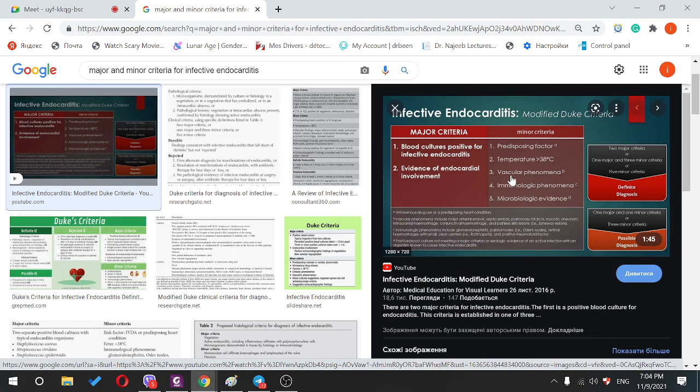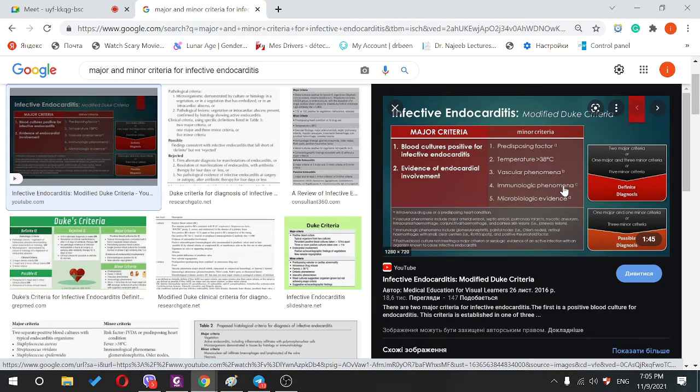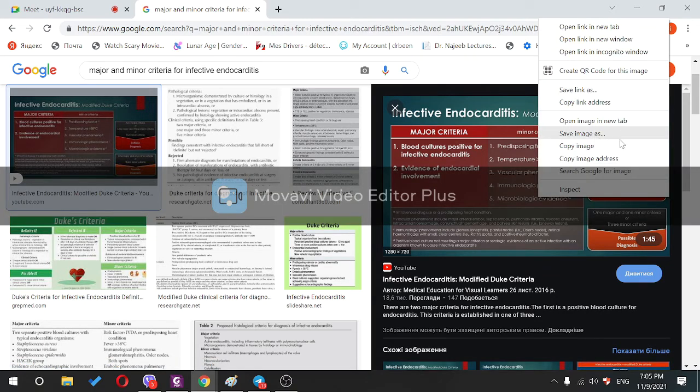Temperature more than 38. Vascular phenomena. What does that mean? It's, for example, that someone had multiple septic emboli in his body, like the Janeway lesions that we spoke about. Immunological phenomena, like having Roth spots or Osler nodes. Microbiological evidence, so that includes having positive serology.